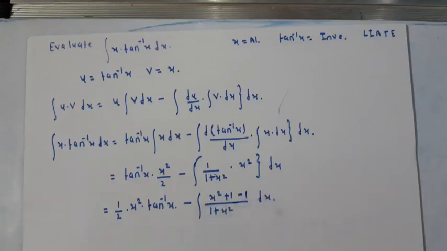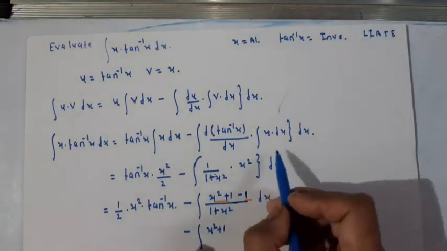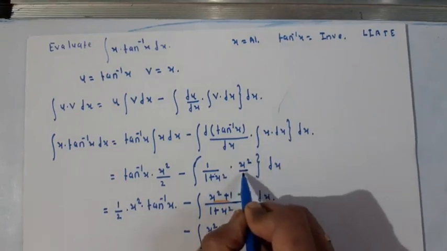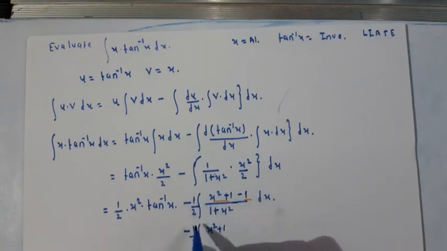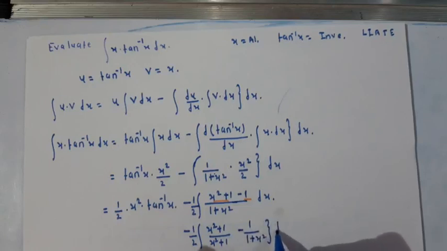See student, this is the first term, that is x square plus 1, and this is the another term, and that's why now integration of x square plus 1 upon x square plus 1 minus another term, that is minus 1 upon 1 plus x square, and whole with respect to x. Also, take this 1 by 2 outside the integration.